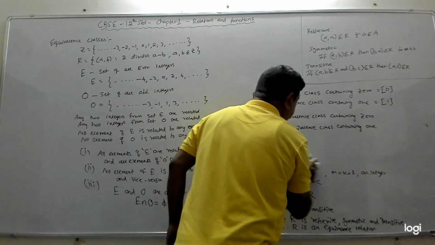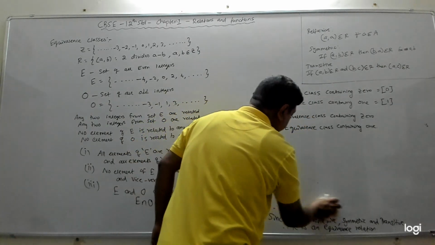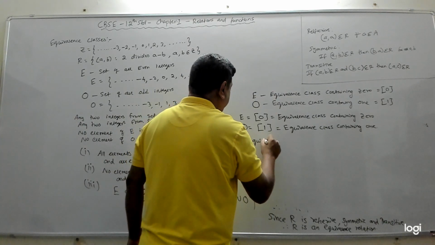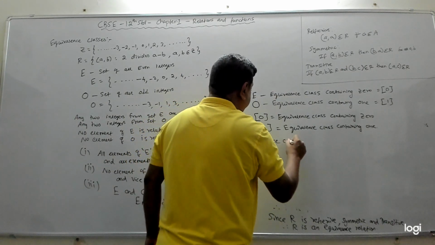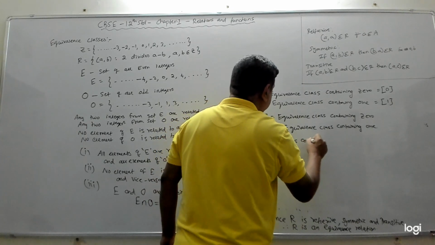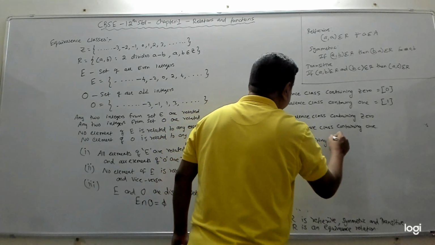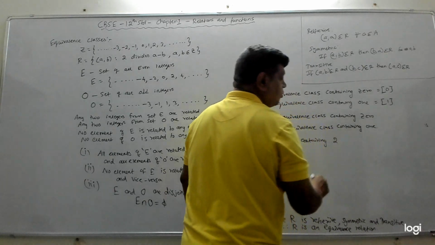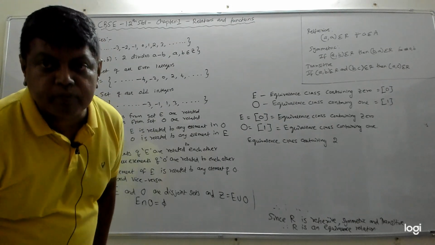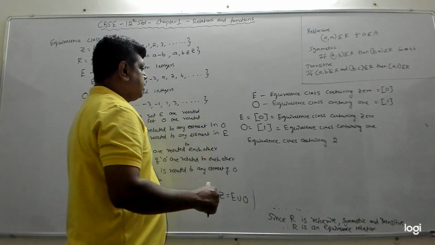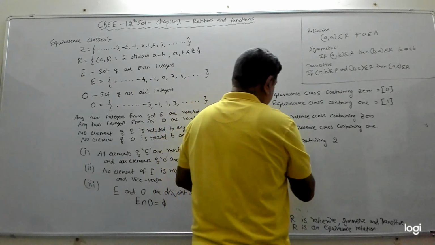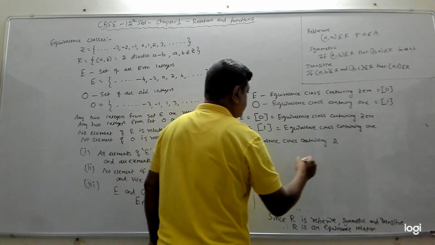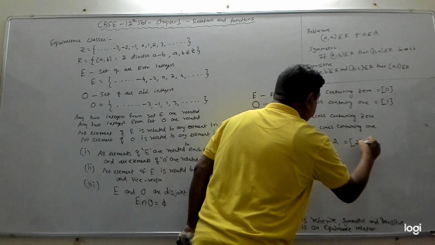Also, one more observation is, if we try to talk about the equivalence class containing 2, suppose. So what is an equivalence class? Suppose equivalence class containing 2, the number 2. The equivalence class containing number 2 is defined as box of 2.